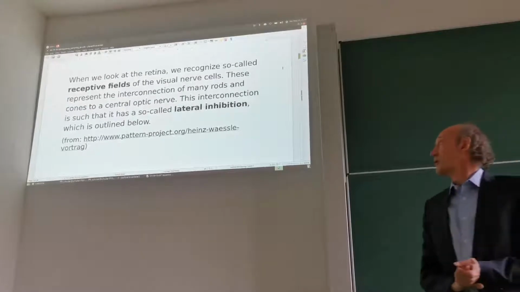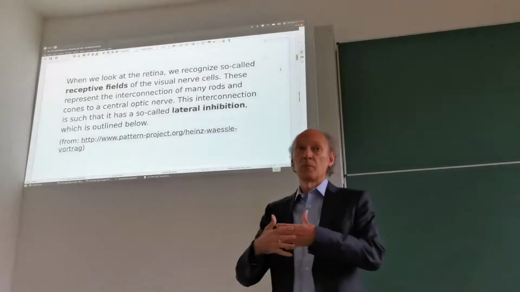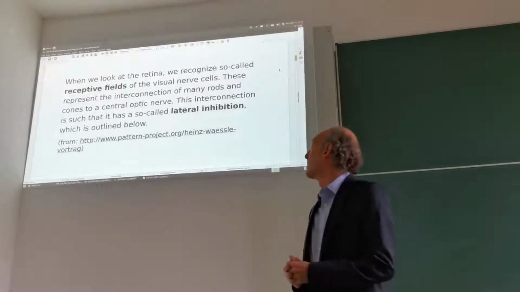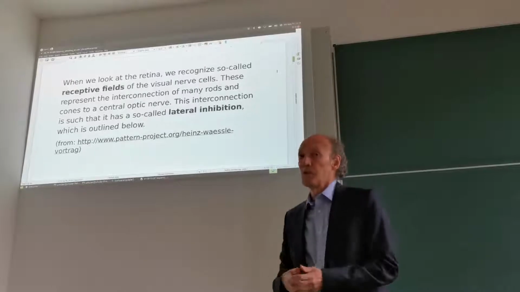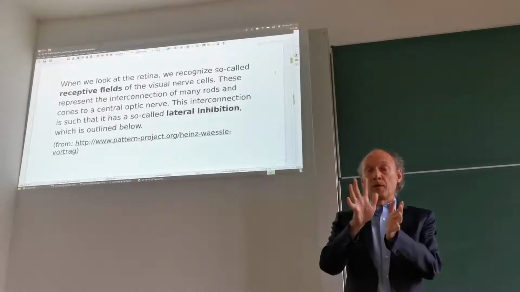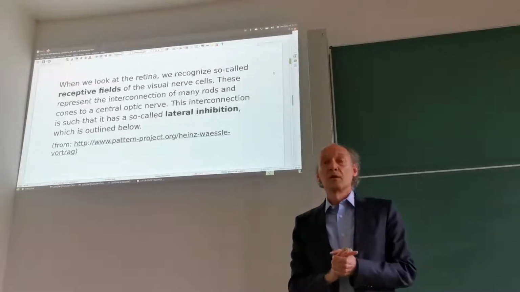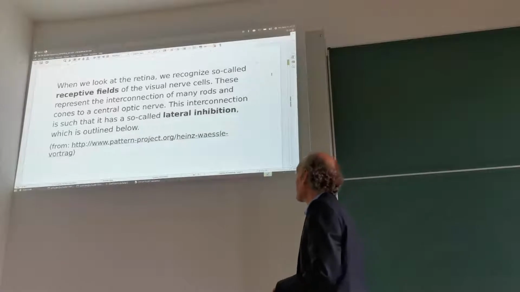Yeah, and when we look at how the retina is built, we can find something that we call receptive field. The nerve cells go into the retina, and then they branch off and connect to the neighboring light sensors.